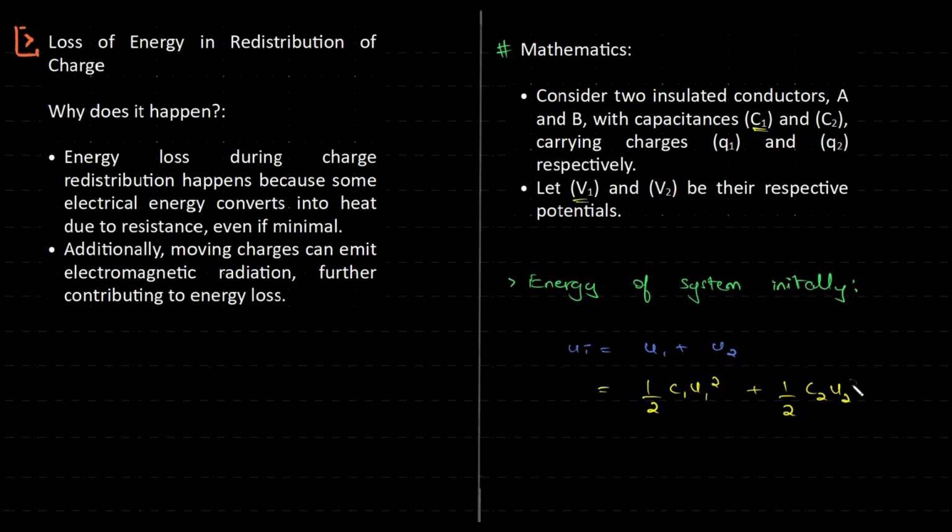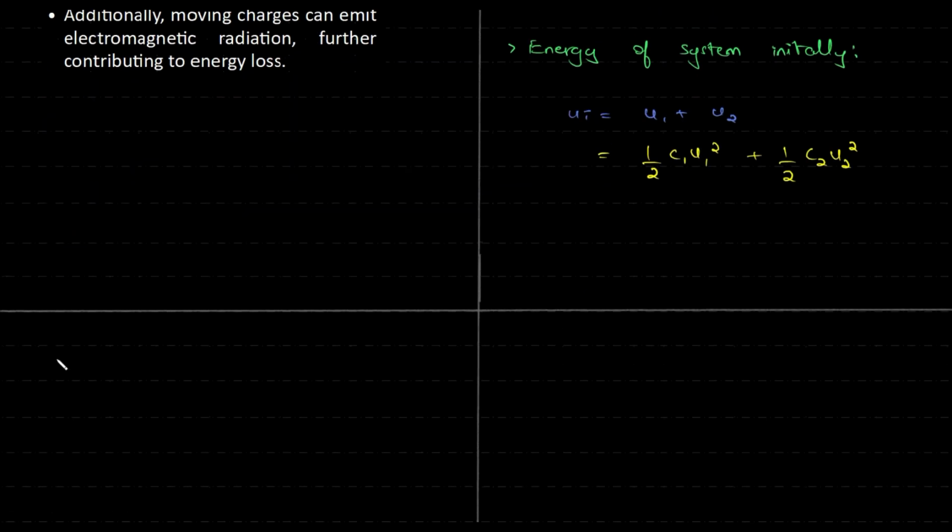This is square. Now, post connection, what do we have? We know that voltage on A will be equal to voltage on B, which will be equal to V, the total voltage V.